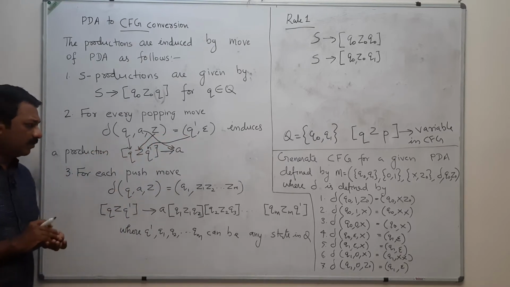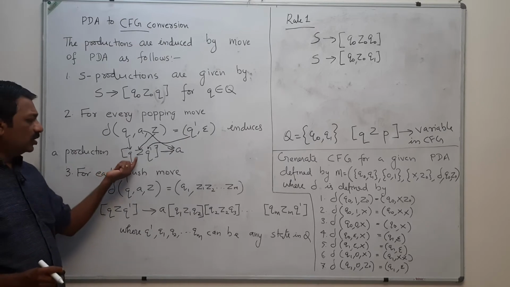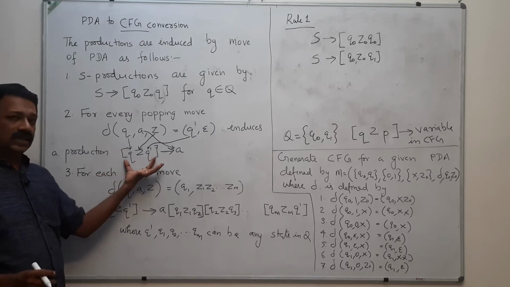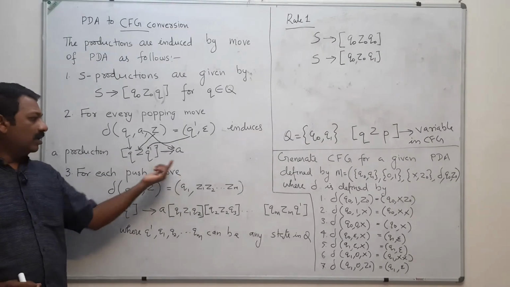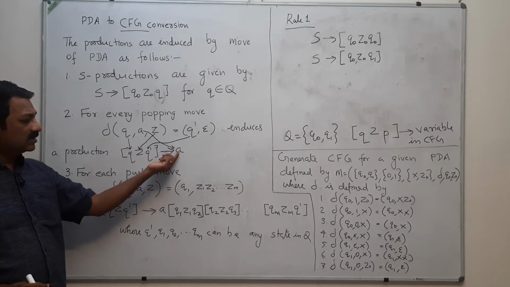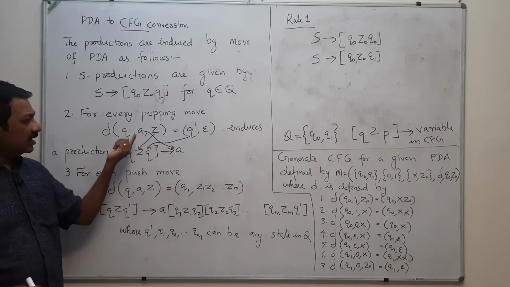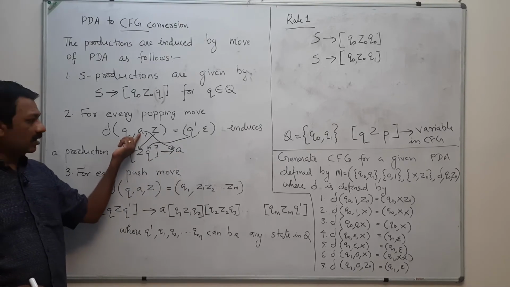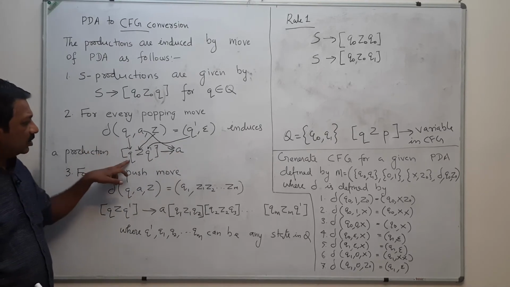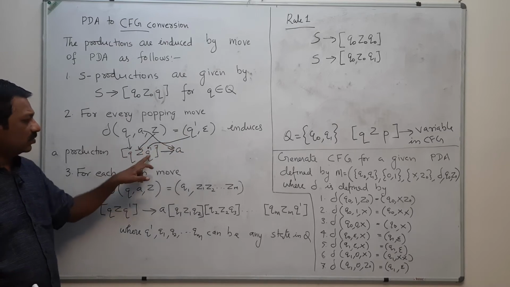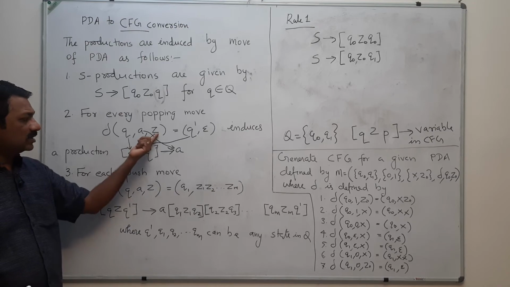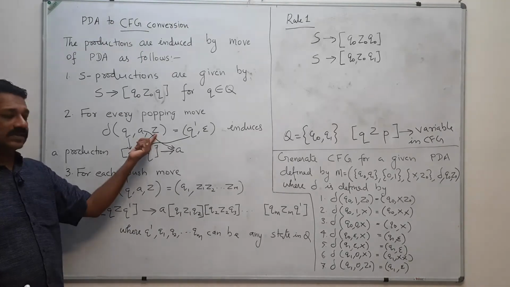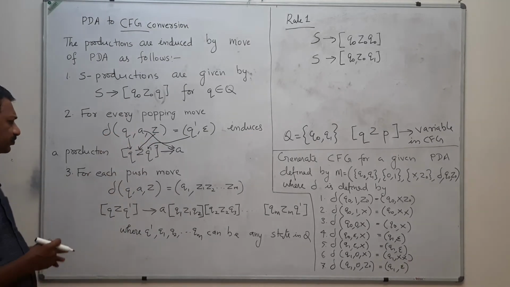If it is a popping move, then [q, Z, q'] is the variable that is deriving a. Where does this a come from? That is coming from here. The initial state q is this, and the final state q' is this, and in between you have Z, which is the top of the stack. This is the way you are going to do.